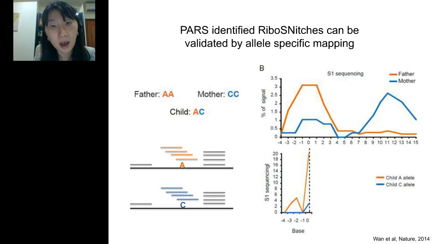And you can see in the child that the A allele profile resembles that of the father's profile, and the C allele profile resembles that of the mother's profile, indicating that whatever structure is present in the father is inherited by the child, and whatever structure changes in the mother is also inherited by the child.